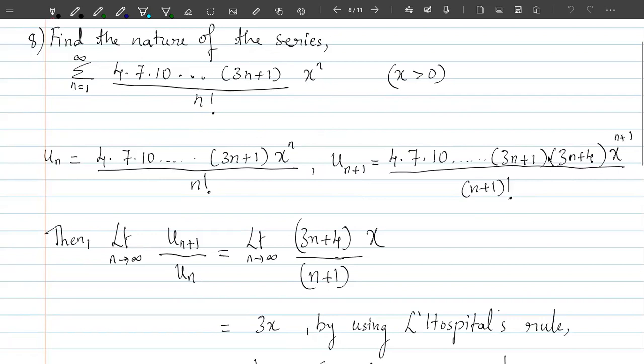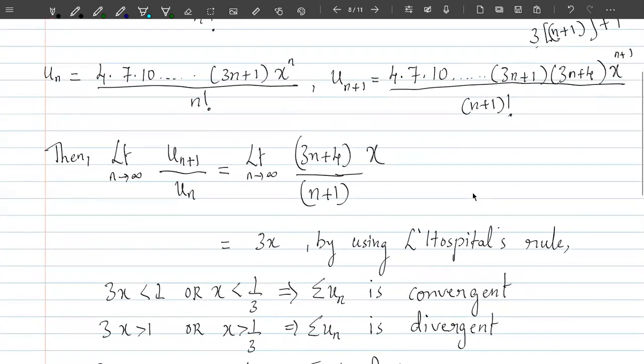And the extra term will be 3 into n plus 1 plus 1, which will be 3n plus 4, into x power n becomes x power n plus 1 divided by n plus 1 factorial. So please note this 3n plus 4 here comes because of the term 3 into n plus 1 plus 1, that is 3n plus 3 plus 1. That's how you get this 3n plus 4 here.